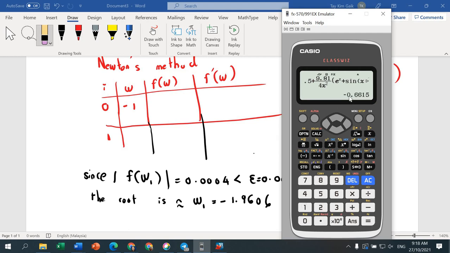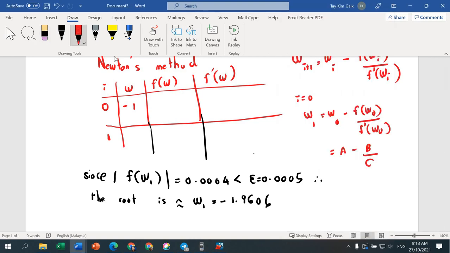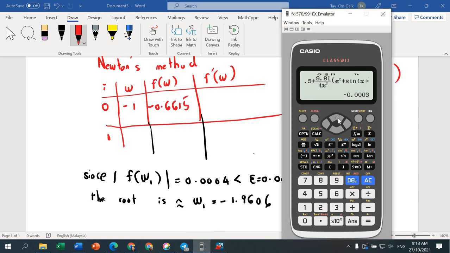So I get negative 0.6615. Okay, this is the F prime W function. This is correct. Calculate. Now x is -1.